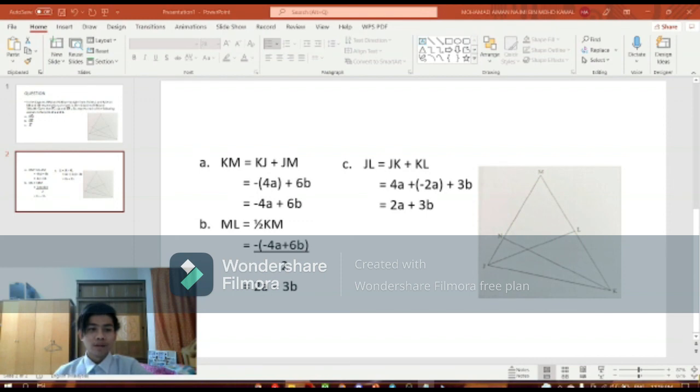So negative times negative 4a plus 6b divided by 2 equals 2a minus 3b. And the final question is JL equals JK plus KL. So 4a plus negative 2a plus 3b equals 2a plus 3b.